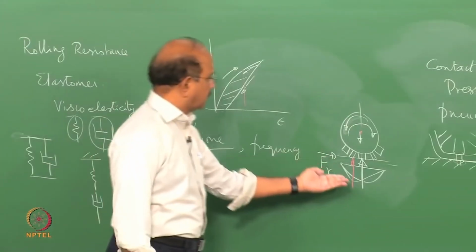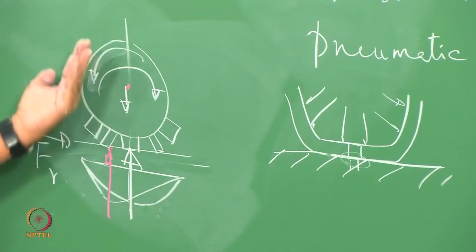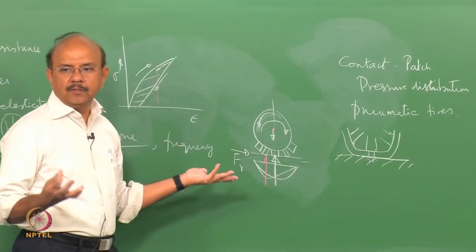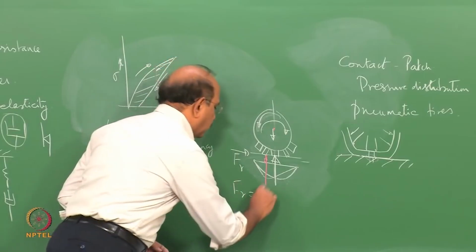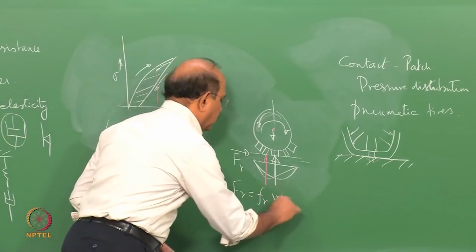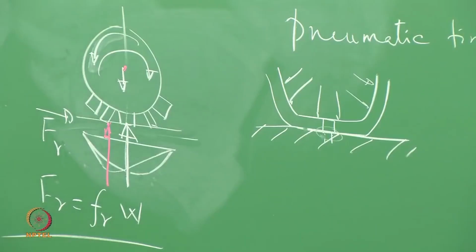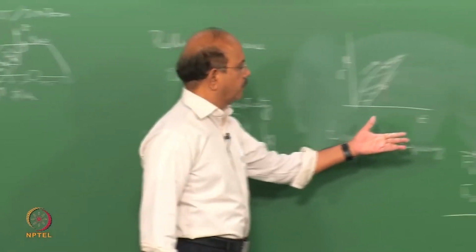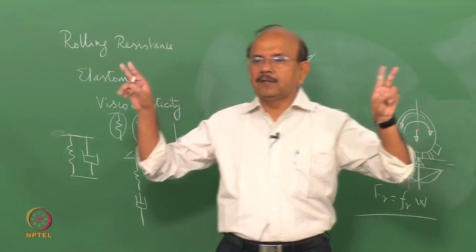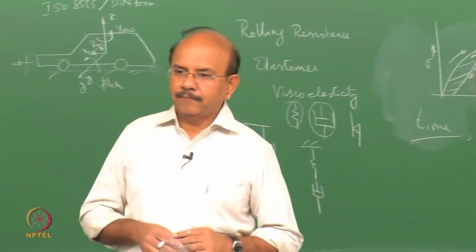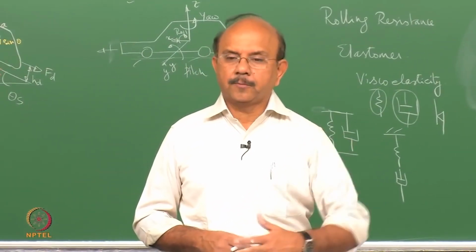Since it comes out of a moment which supports the weight W, this force has to be proportional to W. So we usually write the rolling resistance force as a rolling resistance coefficient multiplied by W. Obviously, the rolling resistance opposes the vehicle motion and hence is not, within quotes, a good force. It is not aiding us to travel, actually it is opposing you.